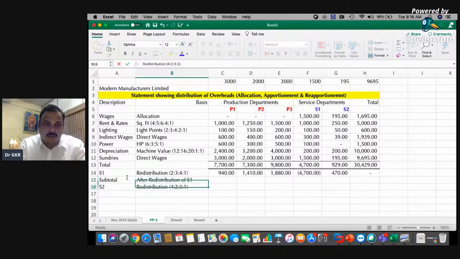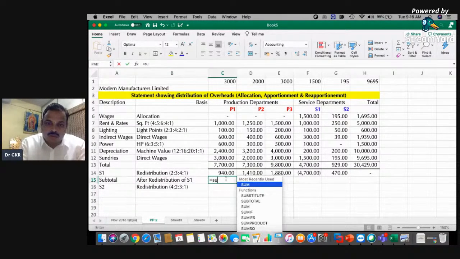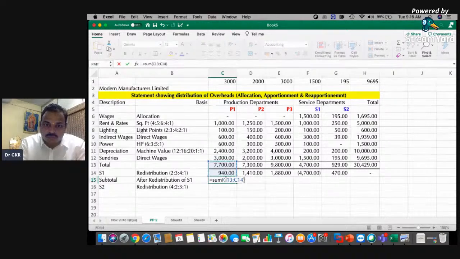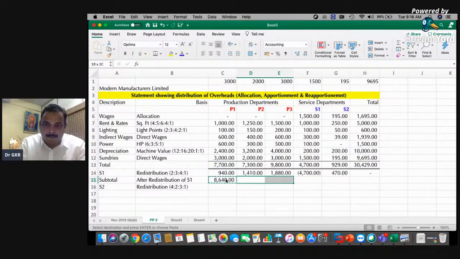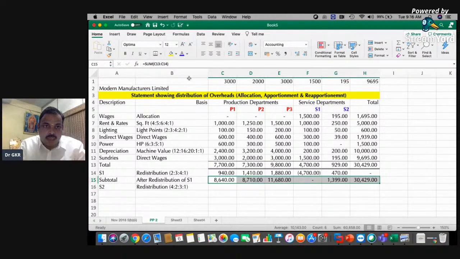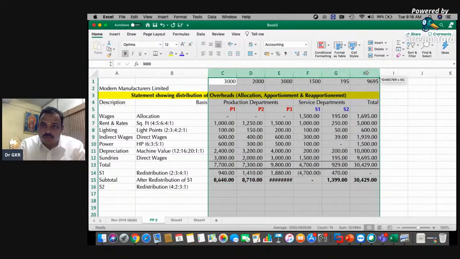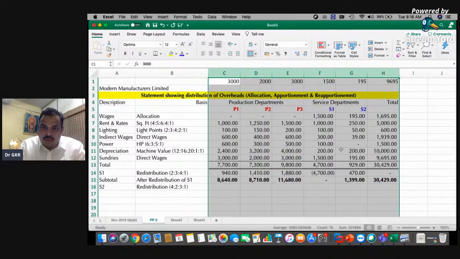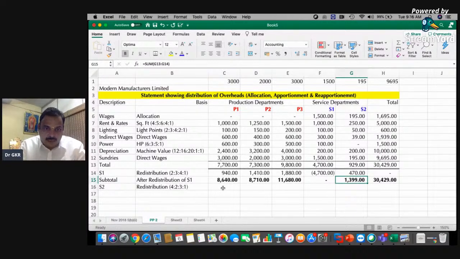So what is your subtotal now? This is your total. Same total, 30,400. Now this is your subtotal. Now what you are going to distribute, guys? You are now going to distribute 1,399.